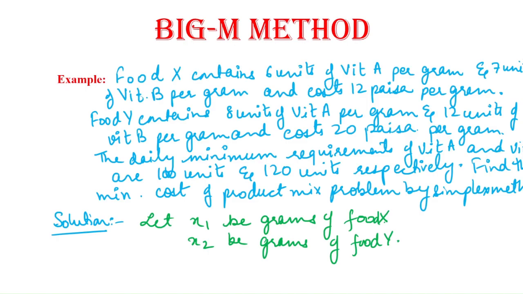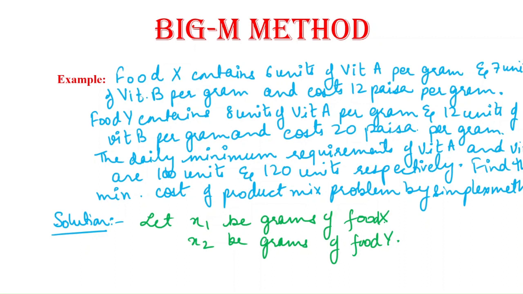As you could see here, they are asking us that the minimum requirements of vitamin A and vitamin B are 100 units and 120 units, and 6 units per gram we require of vitamin A, 7 units of vitamin B for the food X, and 8 units of vitamin A and 12 units of vitamin B for food Y. So the constraints are given to us.